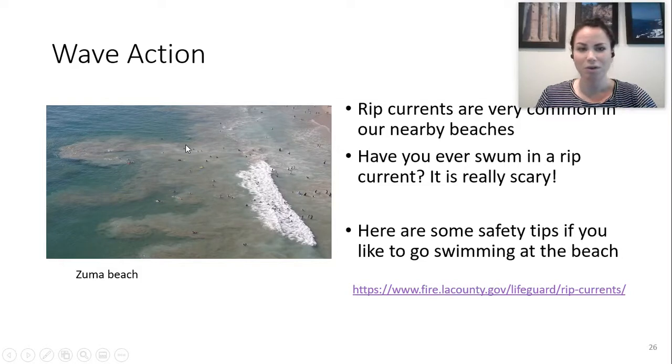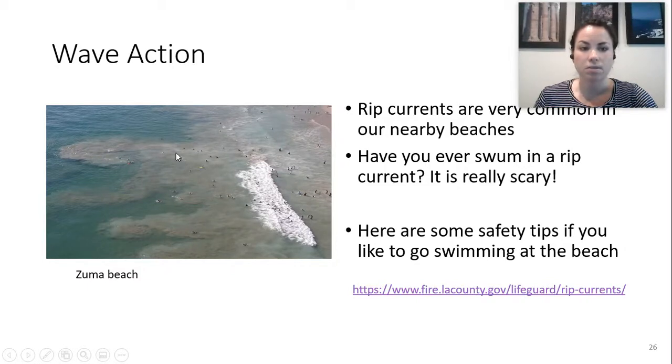So if you ever experience some rip current action, maybe you want to figure out how to best practice safe swimming, you can check out this link from the lifeguards about how to swim in rip currents. And in a nutshell, I'm going to tell you right now, but I recommend you check out this website, is that you want to swim perpendicular to the motion.